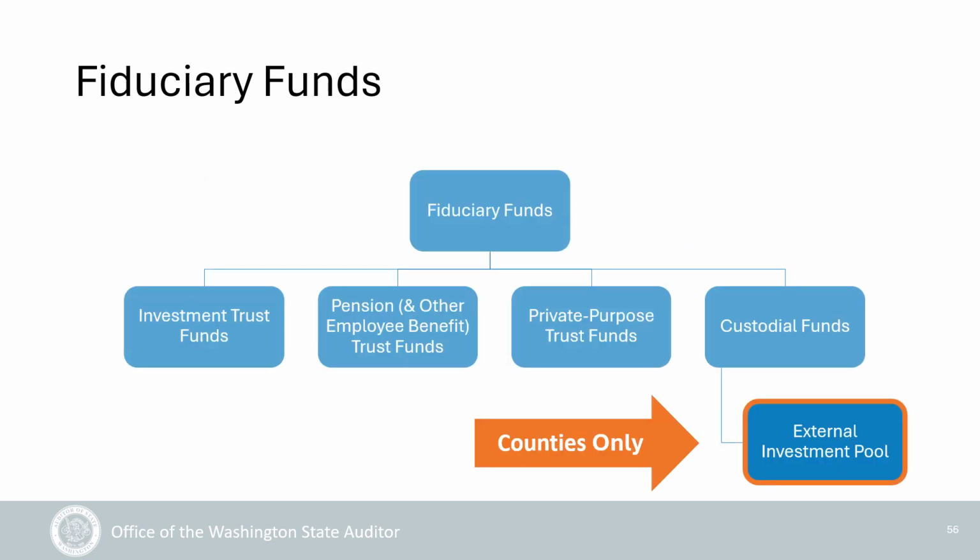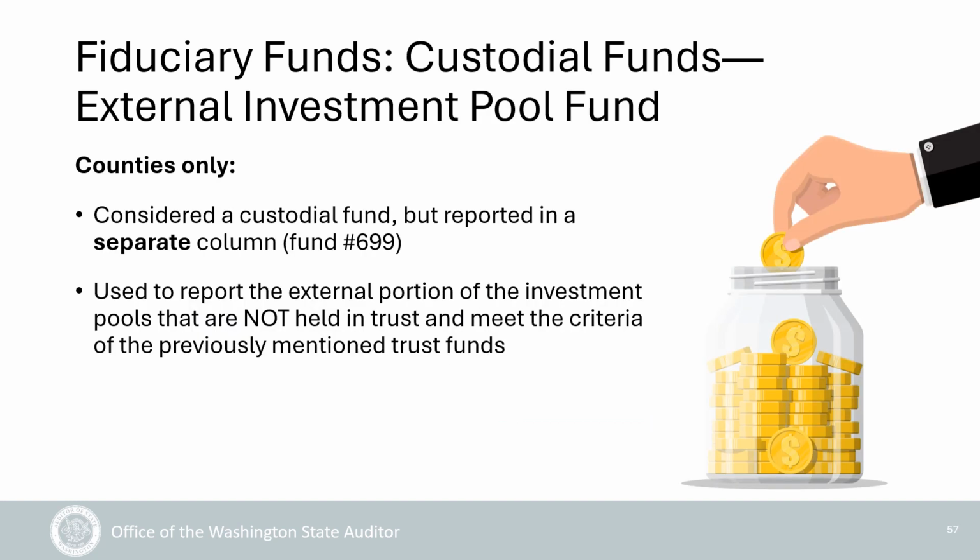The last fund type we are going to talk about today is actually a sub-fund of the custodial fund type, and that is the external investment pool fund. This fund would only be used by counties since state law gives them the authority to sponsor an investment pool.